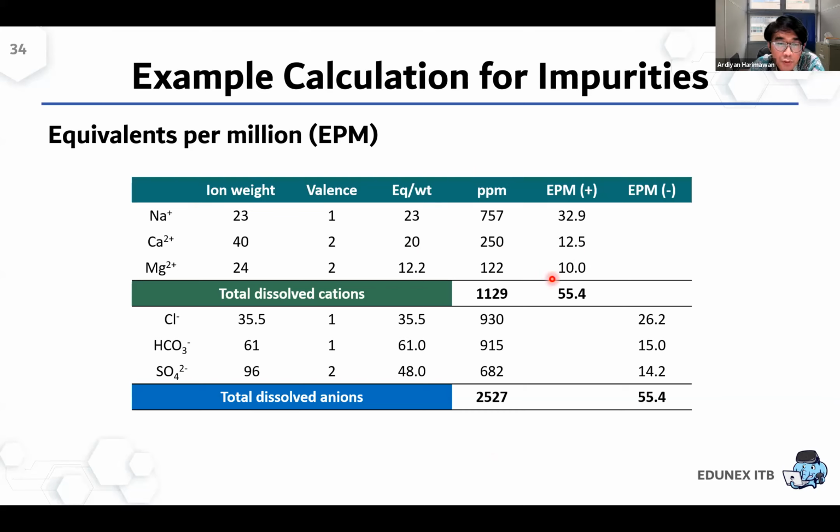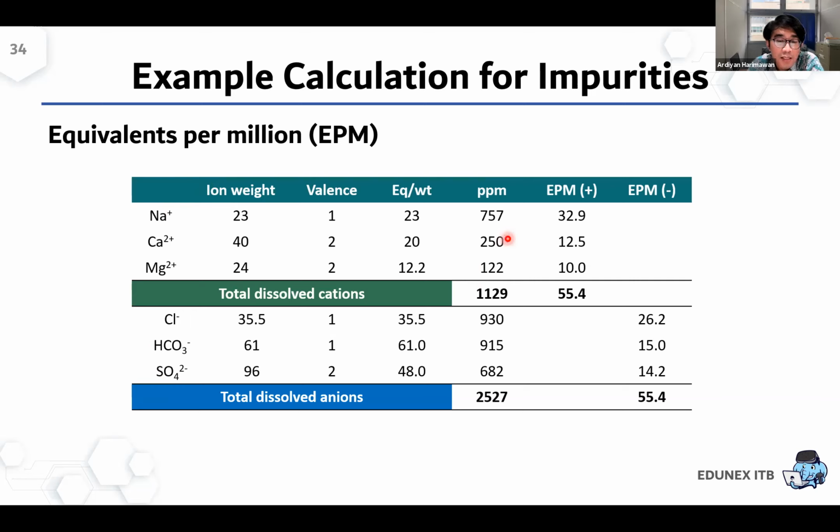Suppose from the test you get Na+, Ca2+, Mg2+ with this concentration, and the anions with this concentration. The ppm numbers represent the concentration of all the compounds in the solution, all the dissolved solids in the solution.